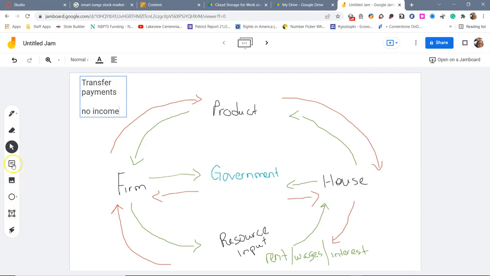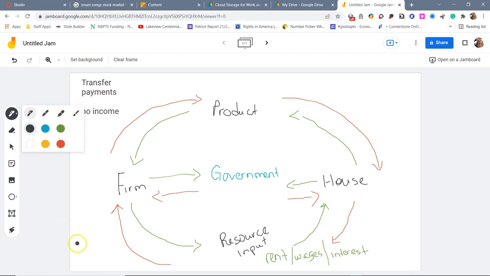So now where does the foreign entity play? So we'll say if you look at it, foreign countries, foreign entities, they export to firms and they import.